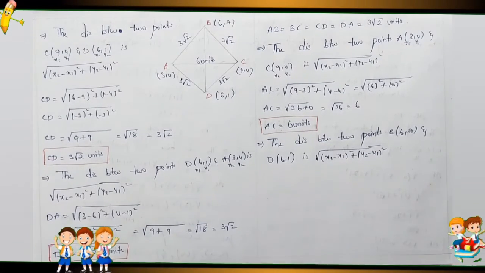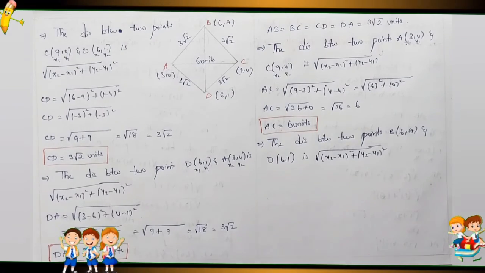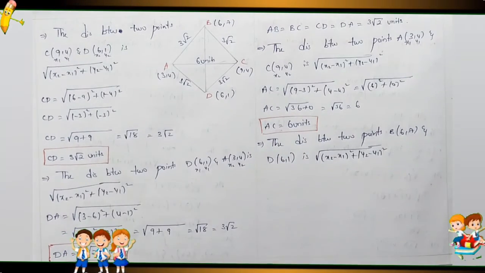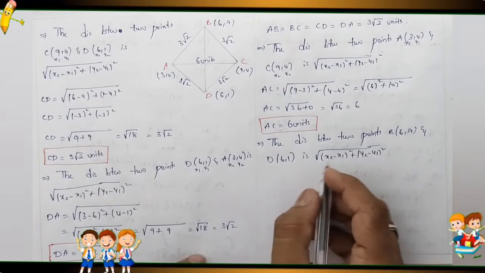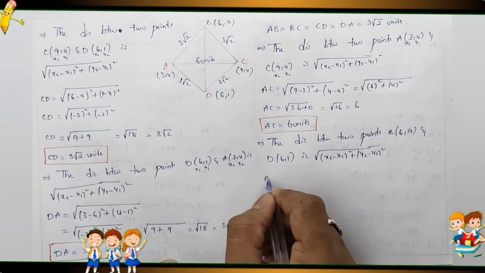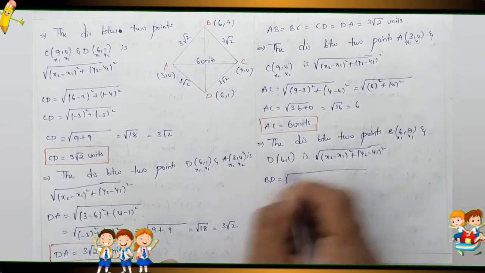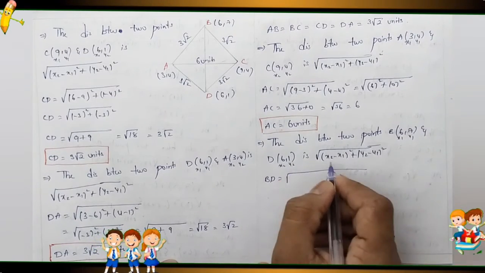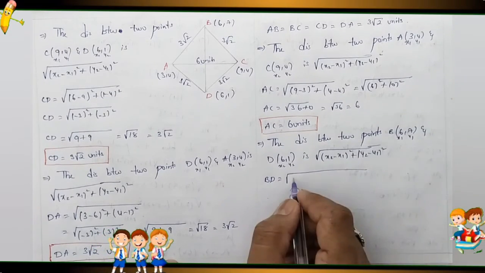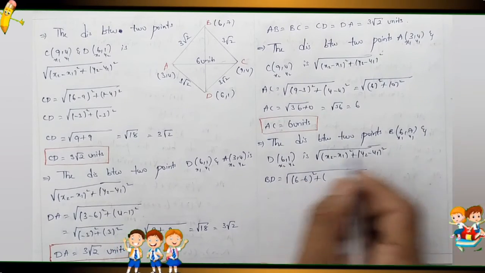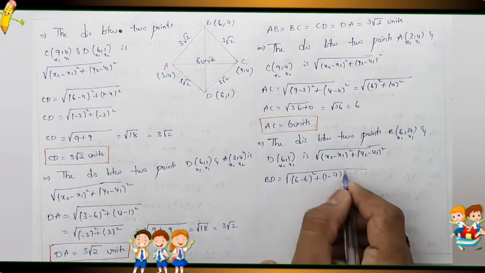In the question it is given clearly to use the distance formula completely. If you know the properties, you can say that easily. Okay. Now BD is equal to, this is x1, y1, this is x2, y2. Now x2 minus x1, 6 minus 6, whole square. Now y2 minus y1, 1 minus 7, whole square.